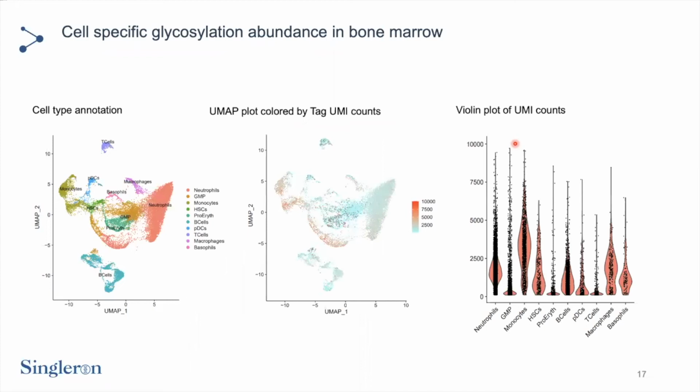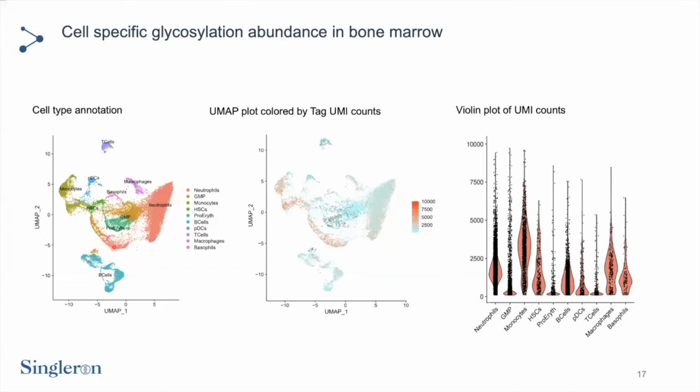So going back to that same data set, what you get from a ProMoSCOPE experiment is the tag UMI counts. Here the cells are colored by the amount of tag UMIs. The red represents around 10,000 and blue represents between 0 and 2,500. And you can see and appreciate the difference here in this group of cells and this group of cells. So let's look at what they are.